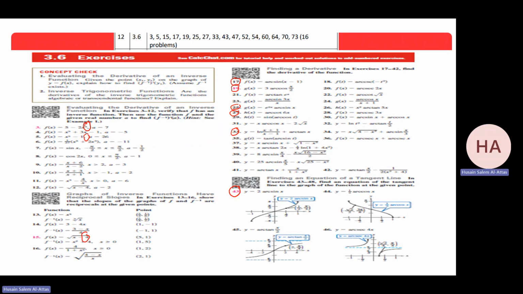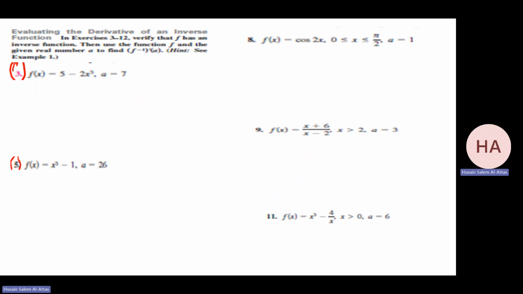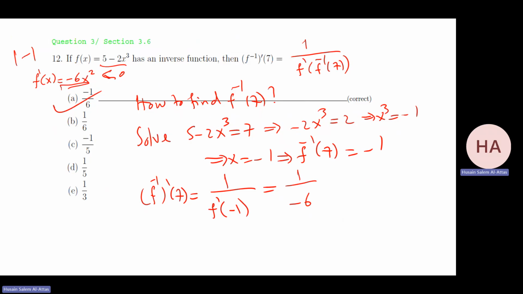Now let me do the questions in the book. Some of them are suggested problems plus other ones. Here I want to find the f inverse at a, where a equals 7. So this question number 3, we will do the same as this one.